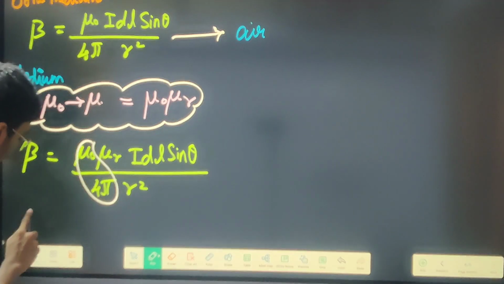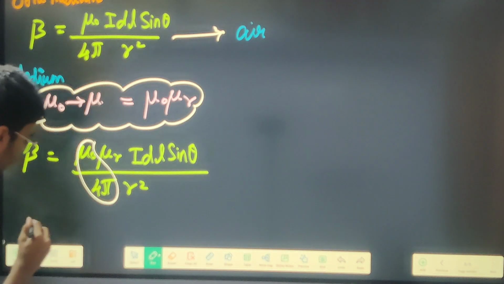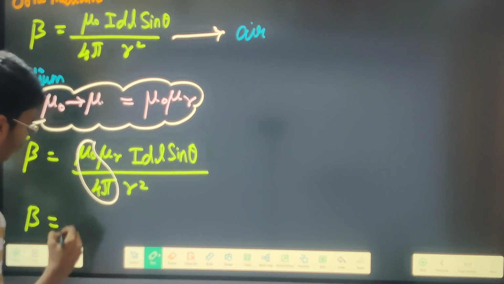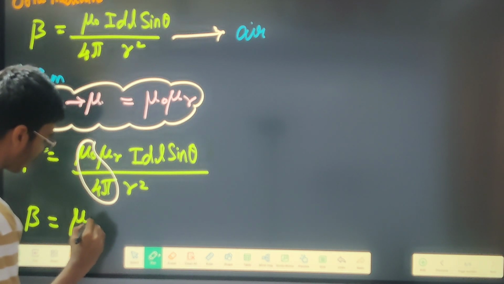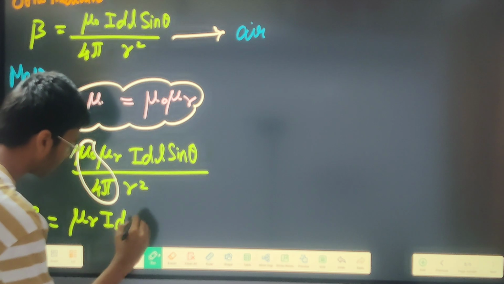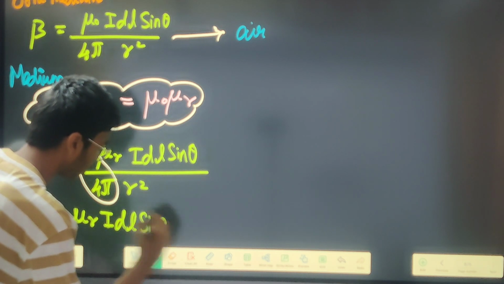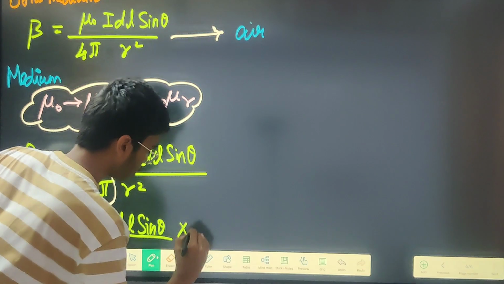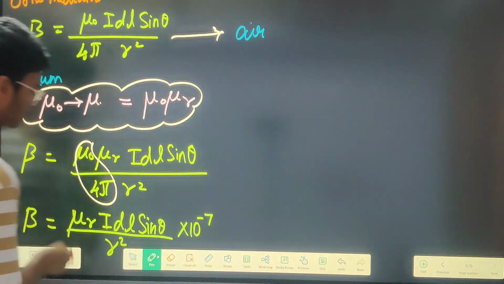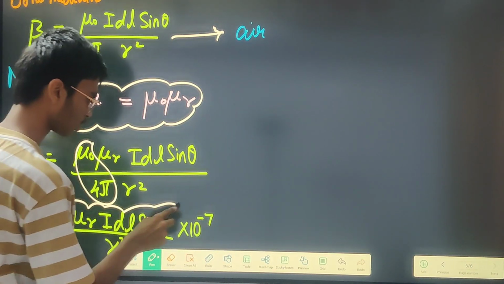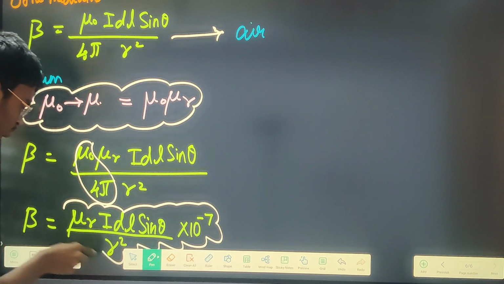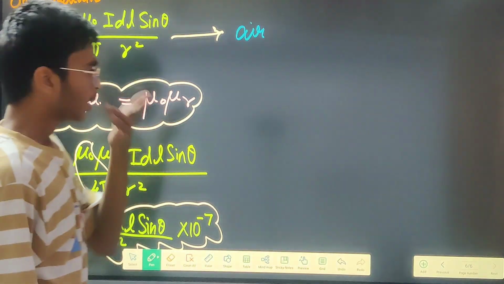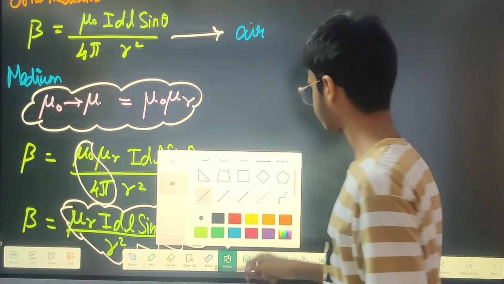So B is equal to mu r I dl sine theta whole divided by r square into 10 to the power of minus 7.